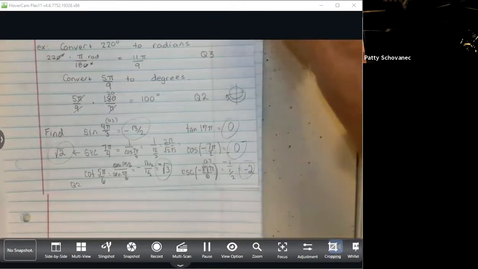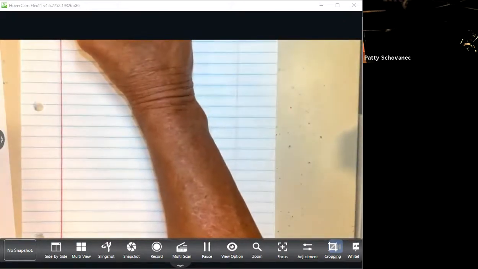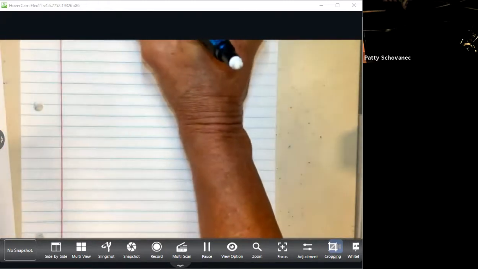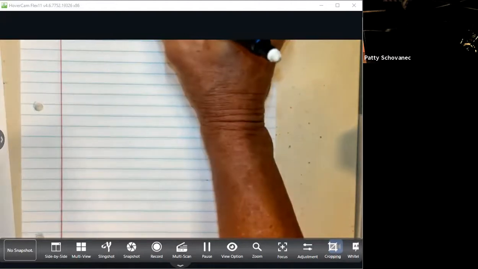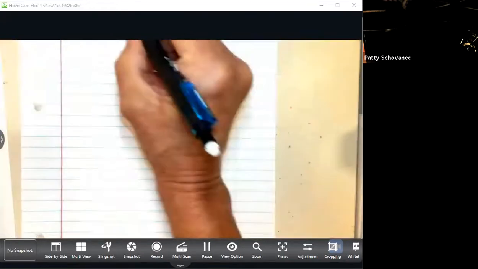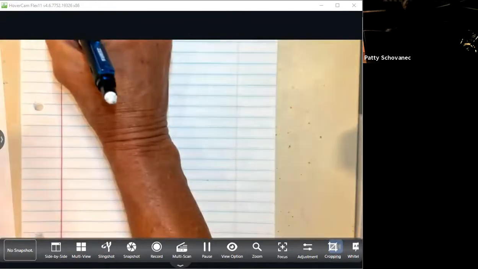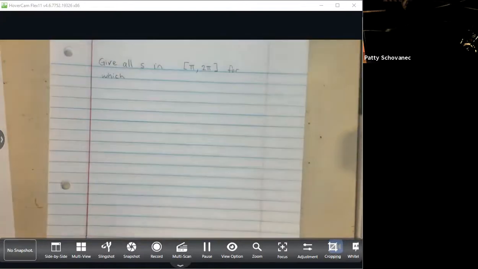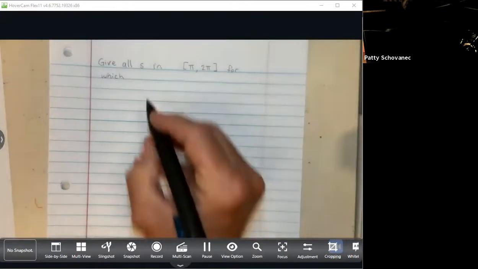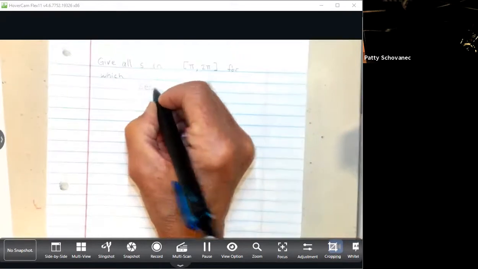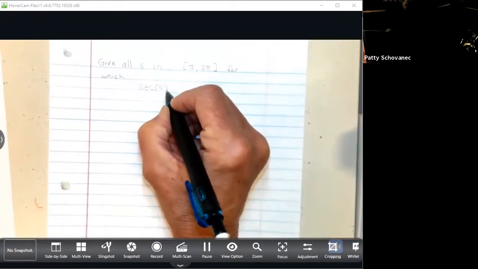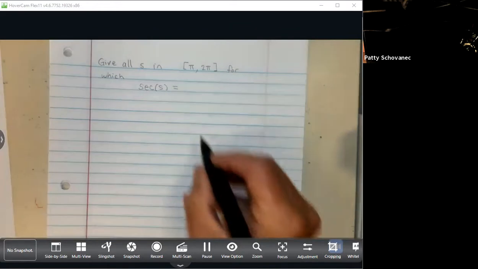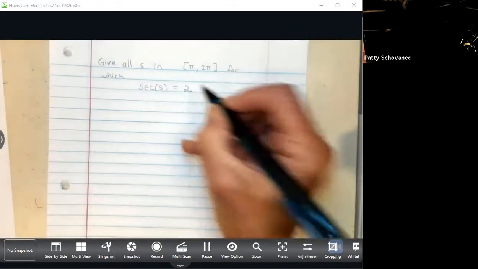Okay. Next, do it backwards. Can you give me all values of S in the interval, say from pi to 2 pi, for which the secant of S is equal to, I'll make it easy, one that we just did, 2.